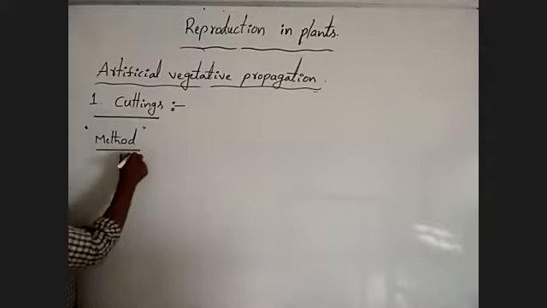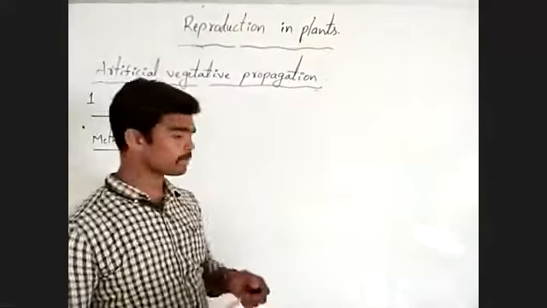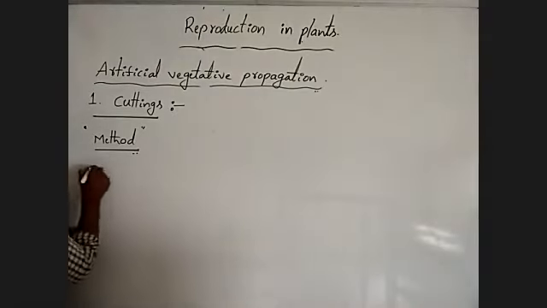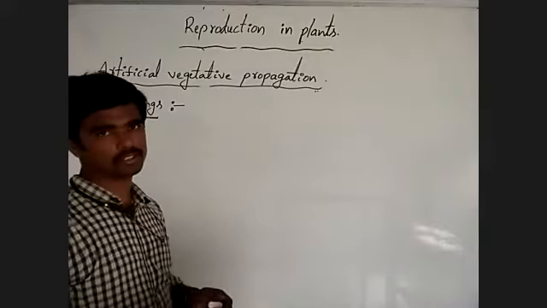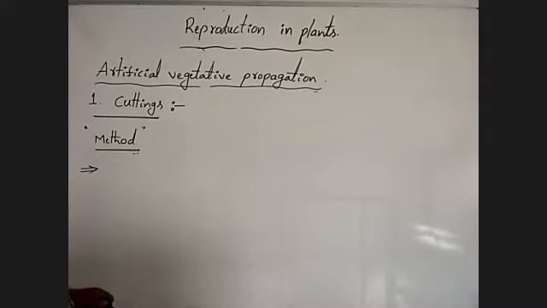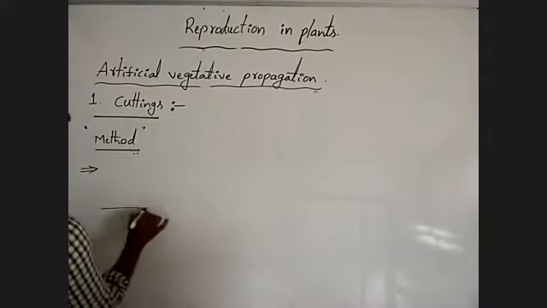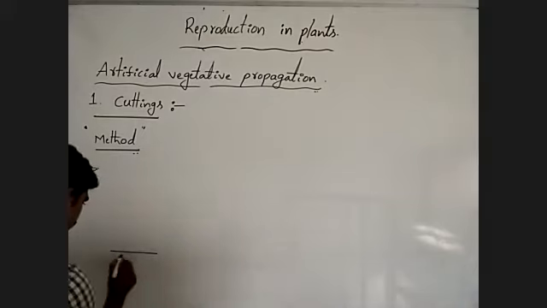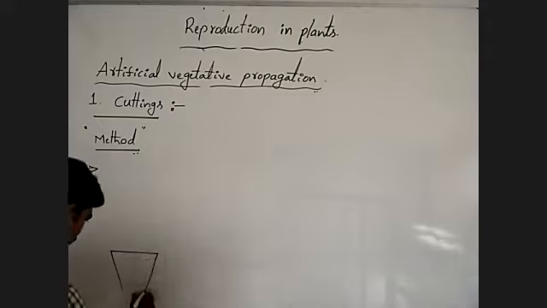Here, a small branch or small stem is cut from the plant. For example, imagine this is a potted plant.